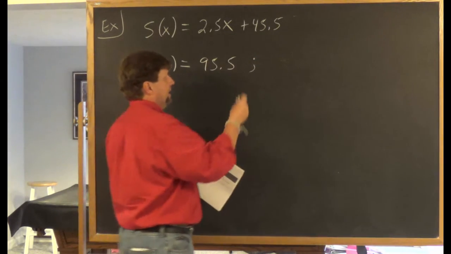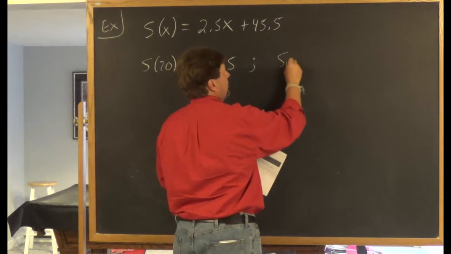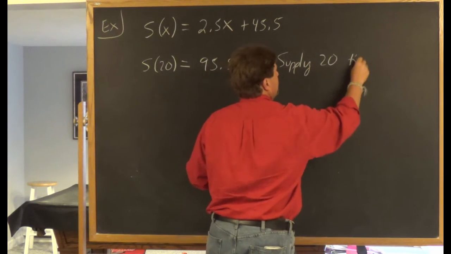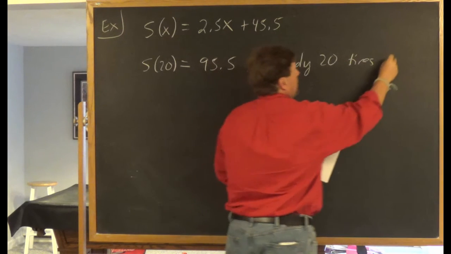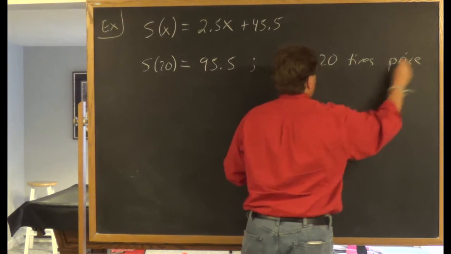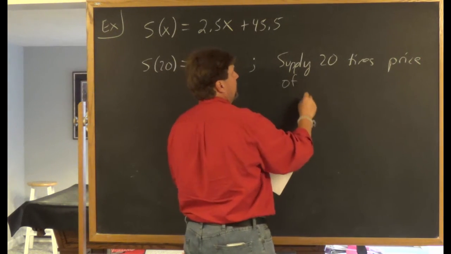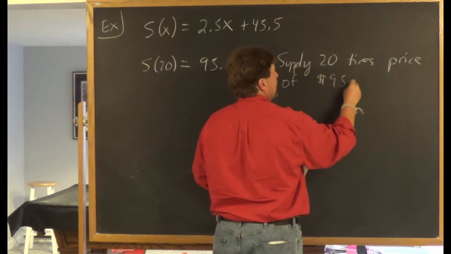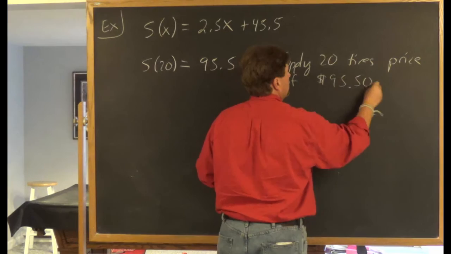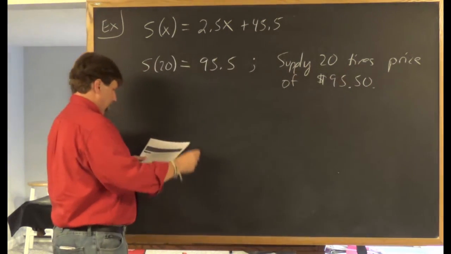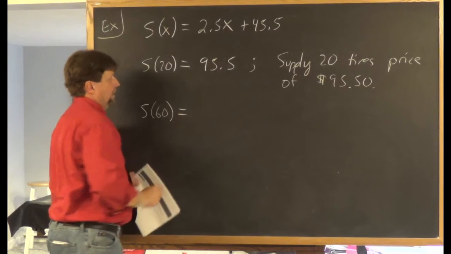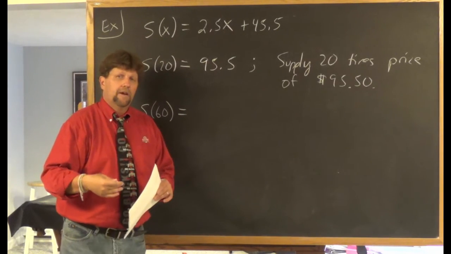Quite simply, that means the supplier will supply 20 tires where the price of each tire is $95.50. Now S of 60. I expect this to be a larger number.